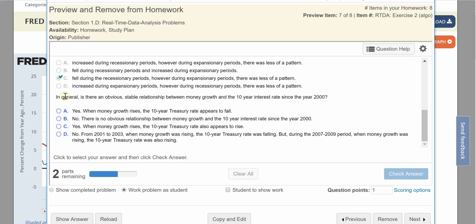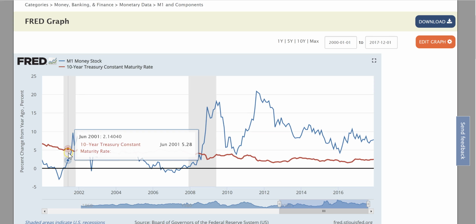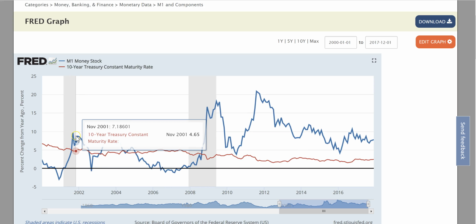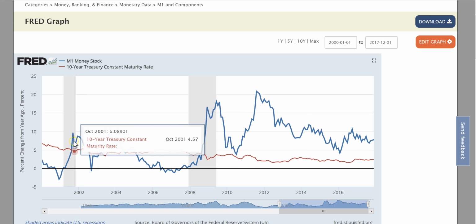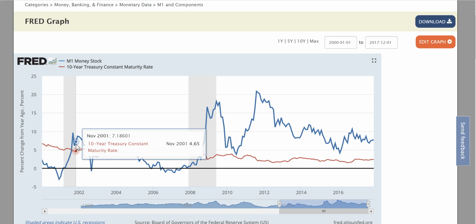Now let's continue. In general, is there an obvious, stable relationship between money growth and the 10-year interest rate since the year 2000? Based on our observations so far, we can see that during the recessionary periods, when the money growth increased, interest rate tended to be falling.